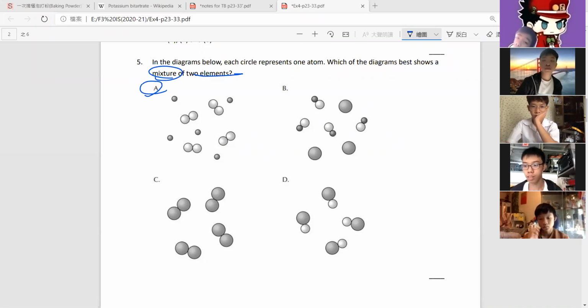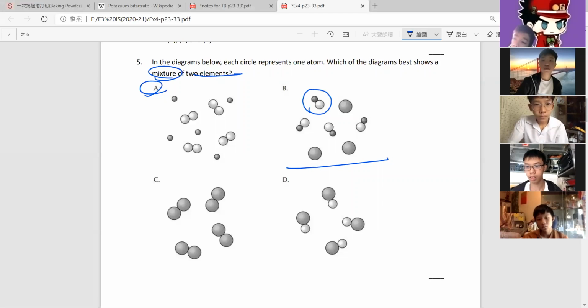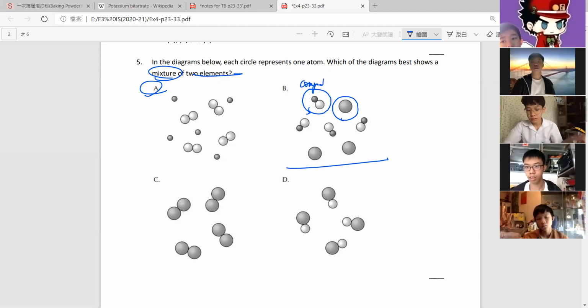Which one is a compound? Do you have a pen? Can you circle it for me? Which one is a compound? Oh, this? Yes. How about this? Element. Yep, compound here, element here. And I put it like this way.